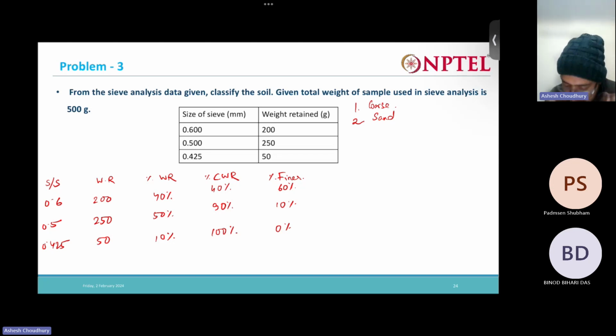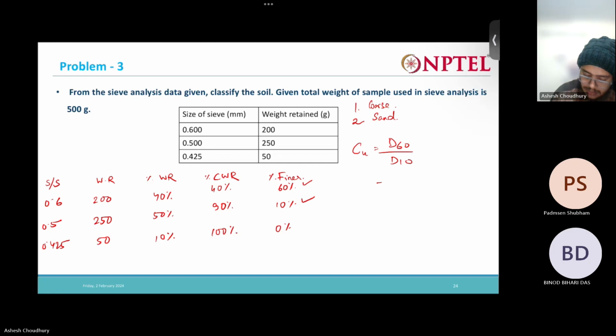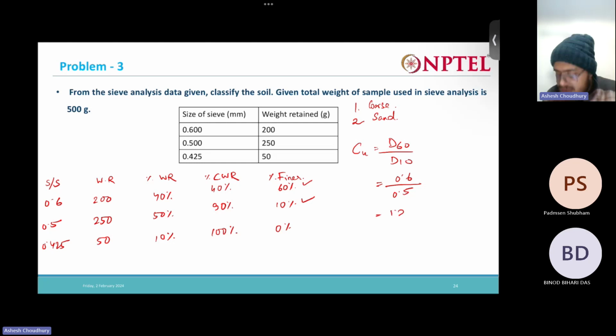You can see D60 and D10 are actually given here. From here you can get D60 and D10. So we can get the coefficient of uniformity, D60 by D10. D60 is 0.6, D10 is 0.5. So if we do this, it will be 1.2. So CU is 1.2, right?